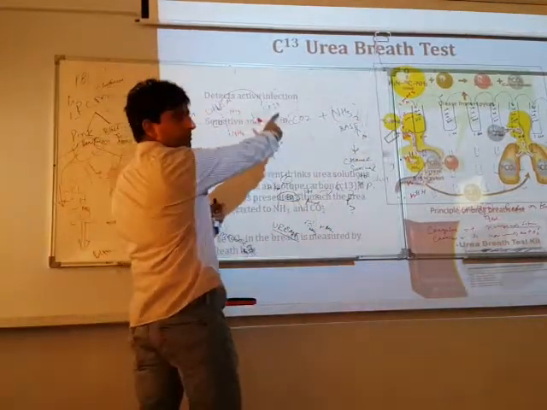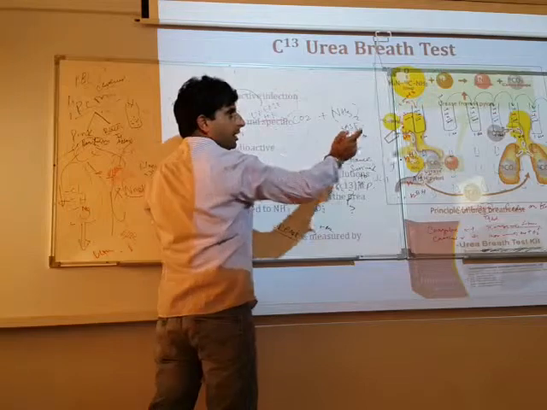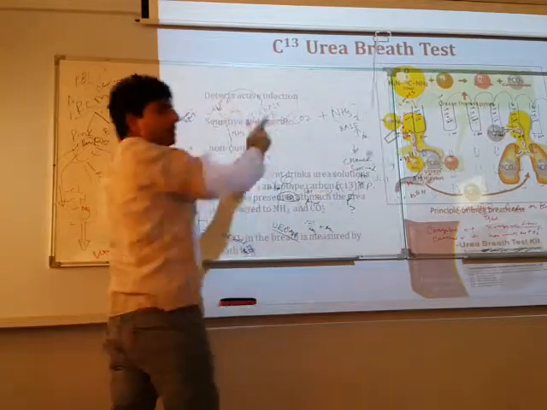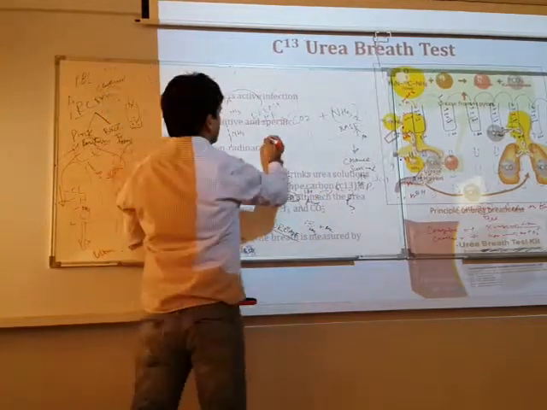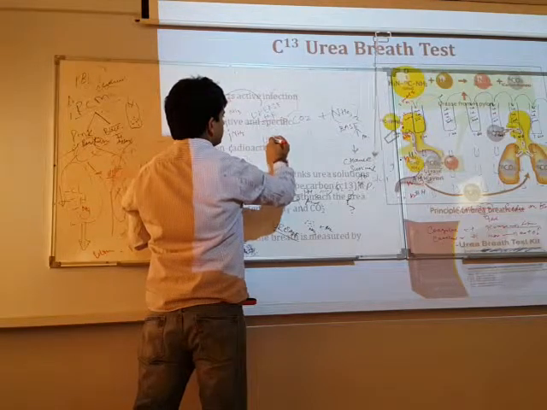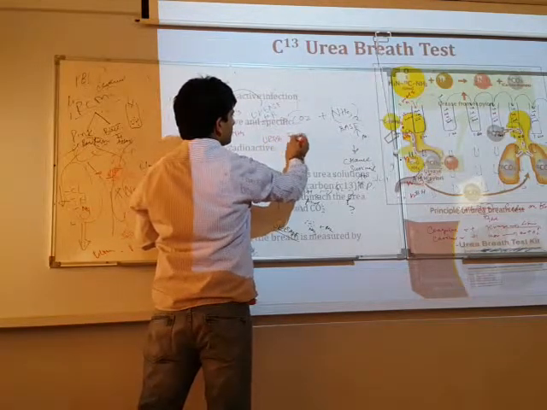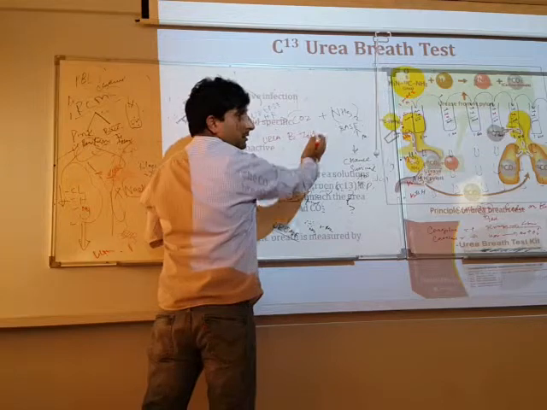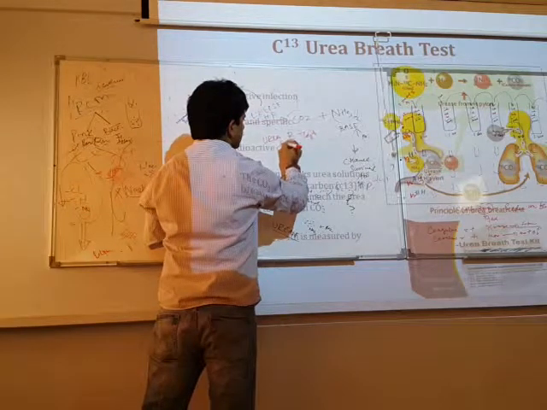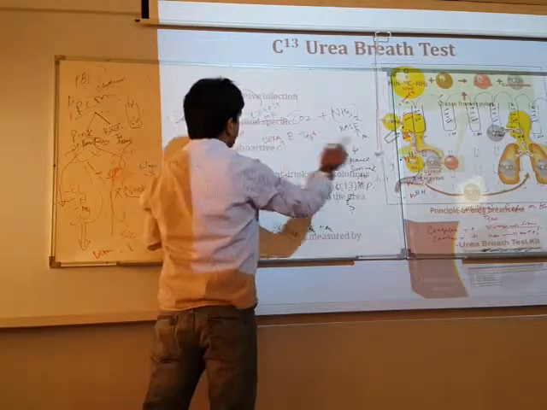This is now clear up to here. On this principle, a test was created. It is called the urea breath test. Based on carbon 13.